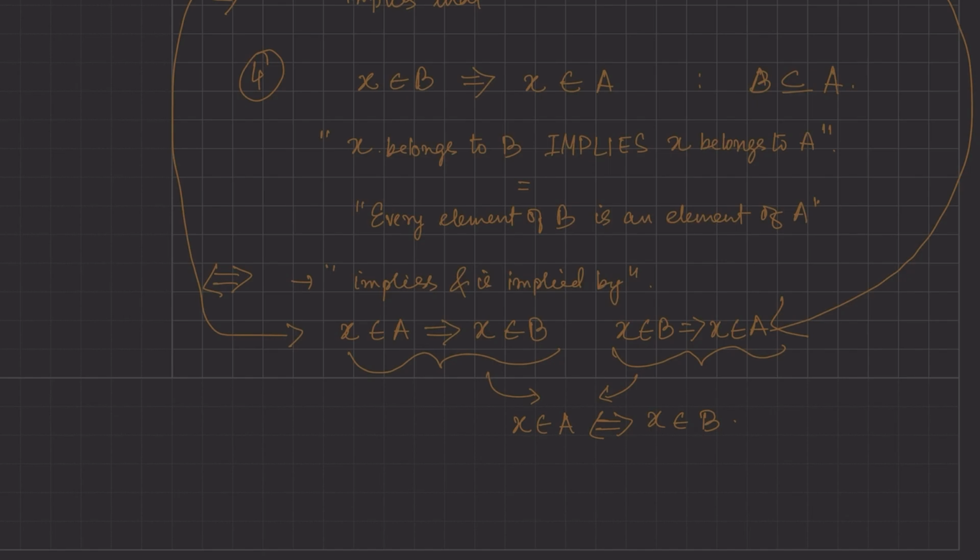Let's rephrase it. X belongs to A implies and is implied by X belongs to B, and hence A is equal to B.